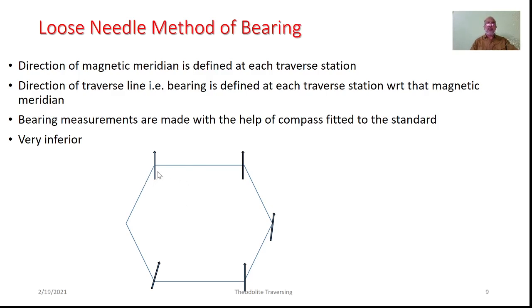Obviously, if each of these magnetic meridians is influenced because of local attraction, then the bearing measurement will not be compatible with theodolite expectations. Hence, the method will be very inferior.